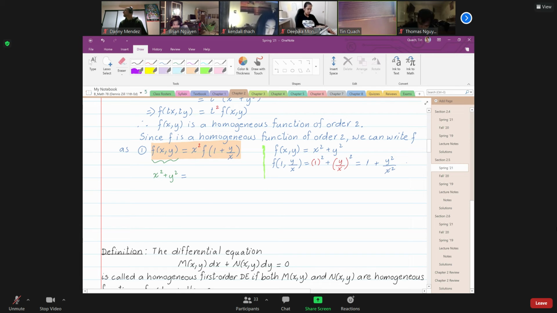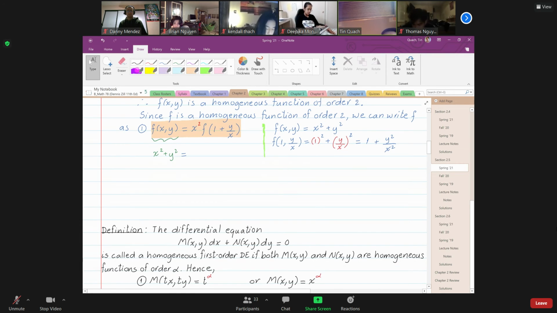Now you know that on the right-hand side you have x squared, and f of 1, I'm sorry, it's supposed to be f of 1 comma, not plus. So that is 1 plus y squared over x squared, and if you multiply the x squared out, it is equal to the left-hand side.